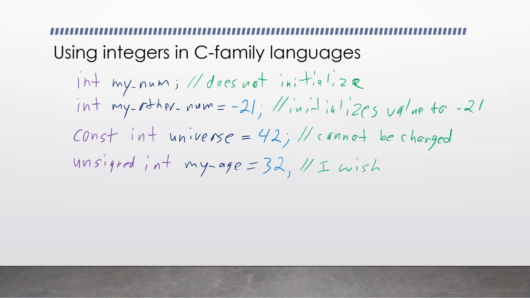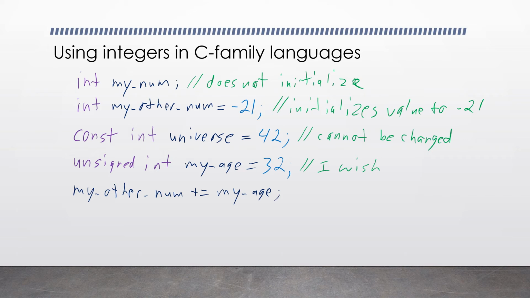So those are all various kinds of declarations. Once we've declared these things, we can use them. We can say my other num plus equals my age.